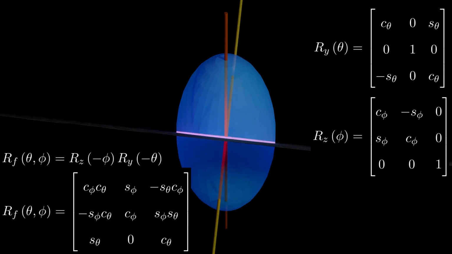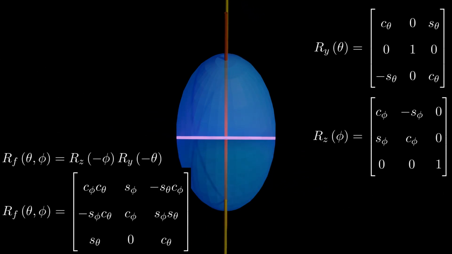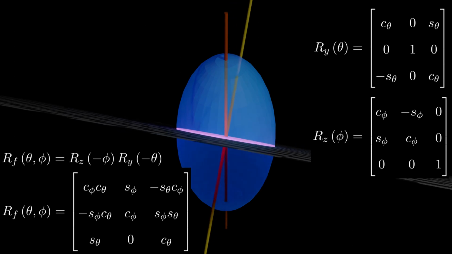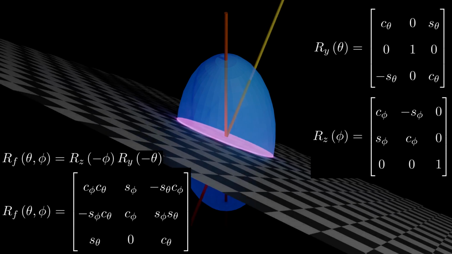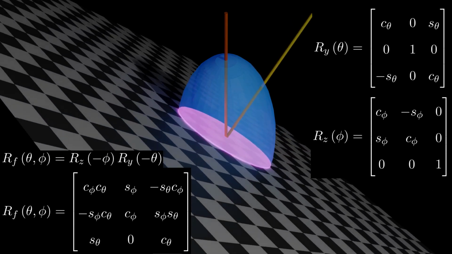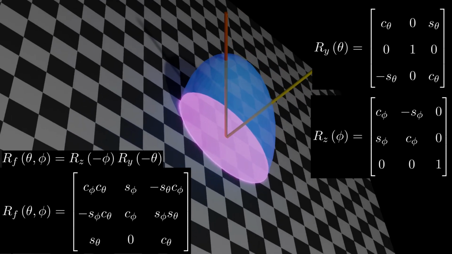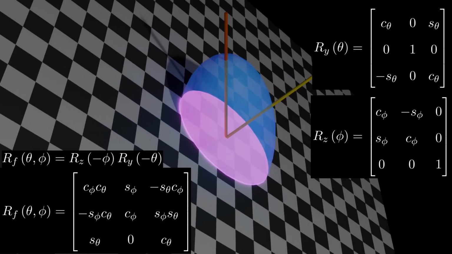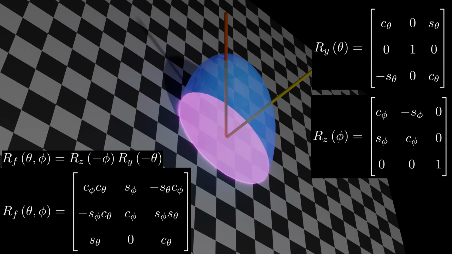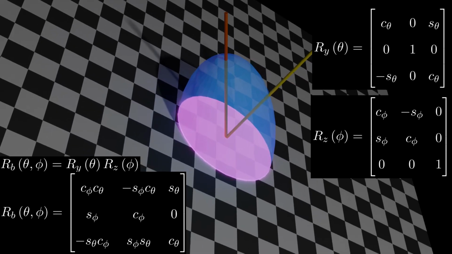We can, of course, take these two matrices and combine them into one matrix, which I'll call the forward matrix. We then rotate back in the opposite order. And remember, order of rotation matters in 3D angles. So first we rotate phi back to 0, and then we rotate theta back to 0.